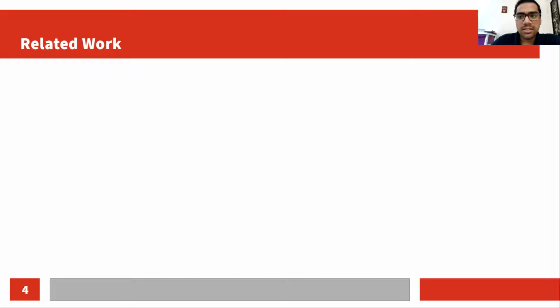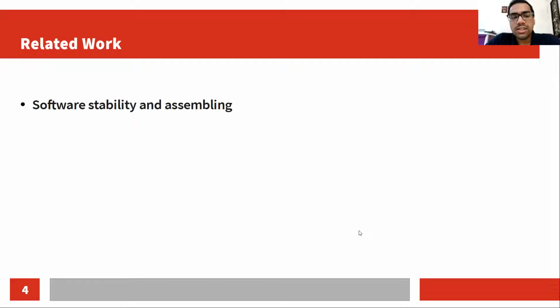So, related work on this topic. A lot of researchers have talked about how software needs to be reliable and fault tolerant, and about software stability. Different researchers have different ideas about software stability.